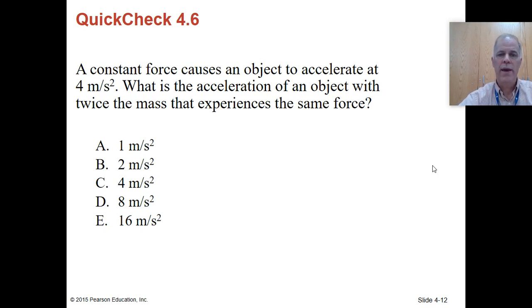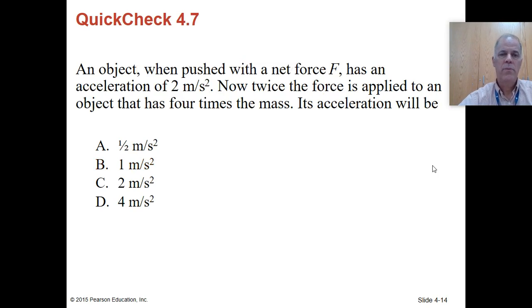Here's the answer now. Twice the mass, half the acceleration with the same force because it's a linear relationship. That's what it's showing. Here's the next one. Object pushed with a net force, and the answer is now.